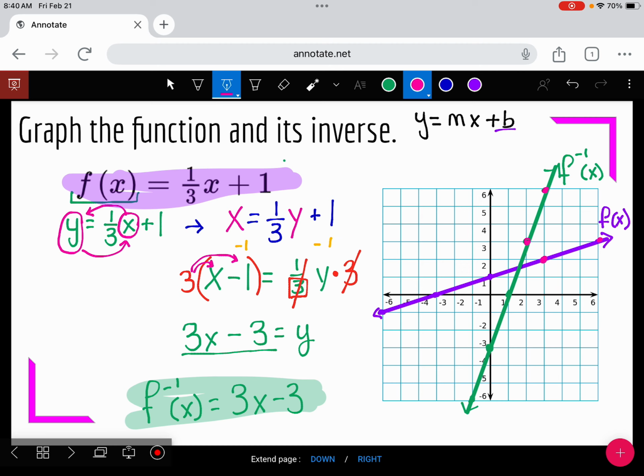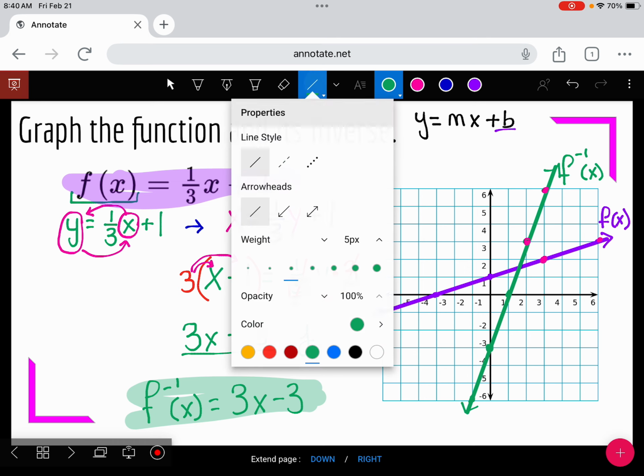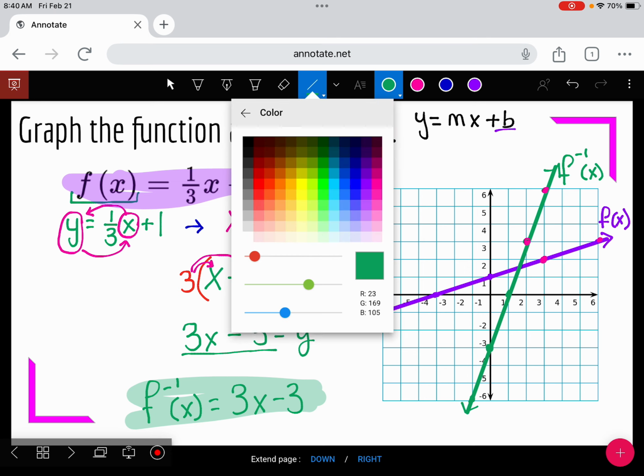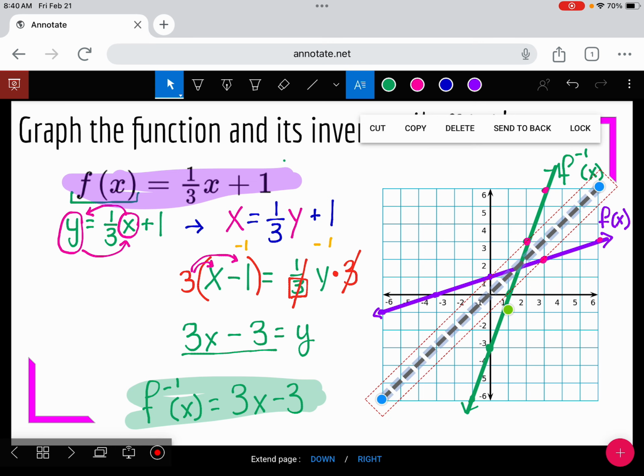If you're looking at your graphs, whenever we are graphing inverses, they will line up if you fold your paper on the diagonal. So if you take your, I'm going to put it up here in a different color real quick. I'm going to do a gray one, not bright red. If you were to fold your graph along that line right there, like diagonally, corner to corner, and hold it up to the light and look through, they line up 100% exactly.